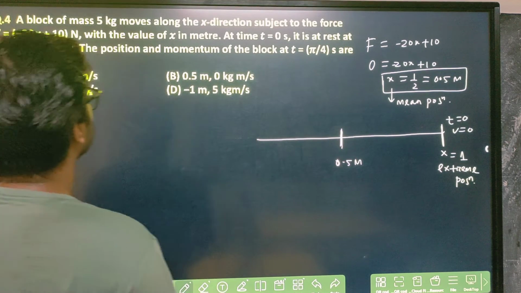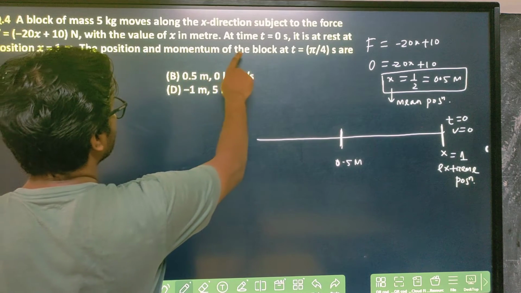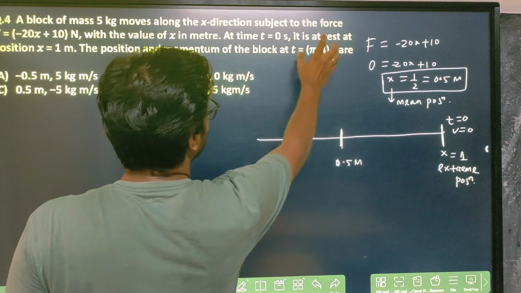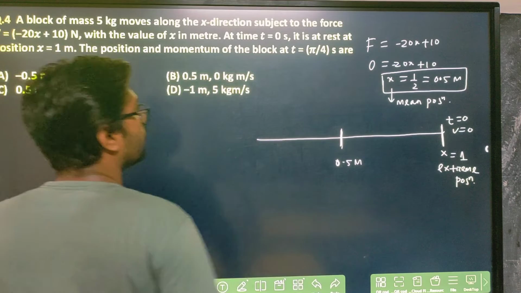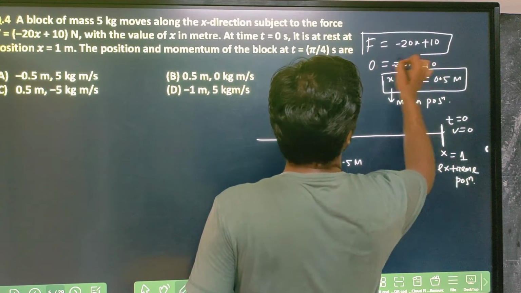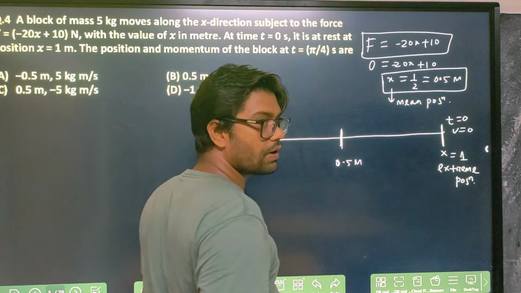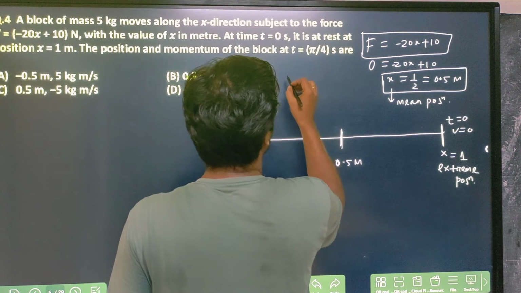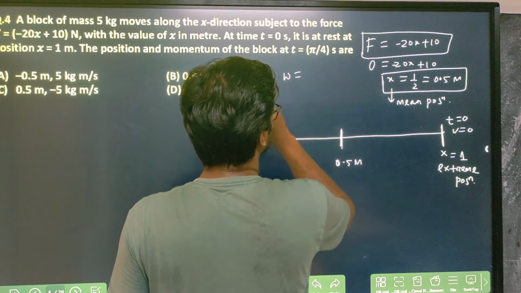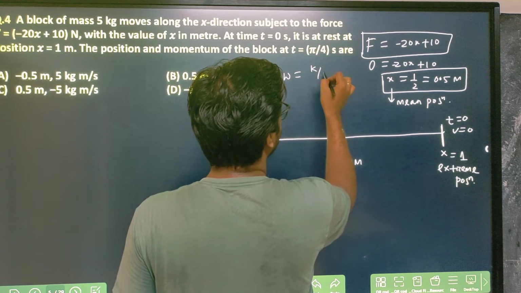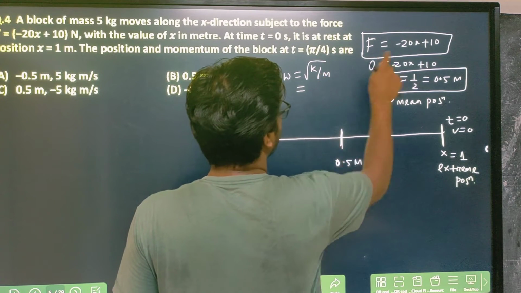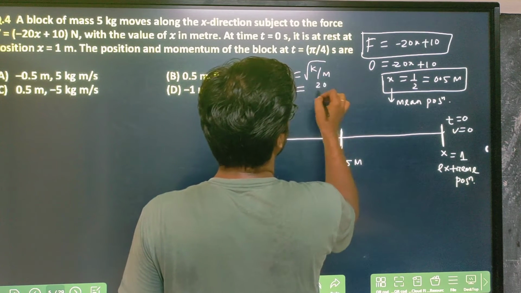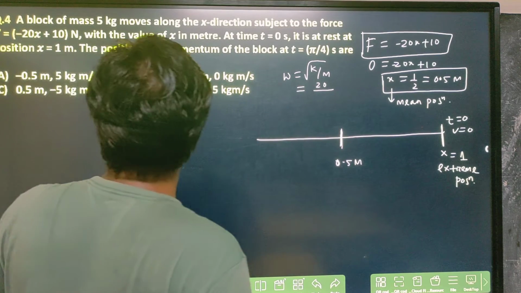Now see what they are asking: the position and momentum of the block at t equal to pi by 4. You can find the time from here, right? Because F equals minus 20x plus 10, the angular frequency omega will be root of k by m. So k is basically 20, divided by mass, which they have given as 5 kg.